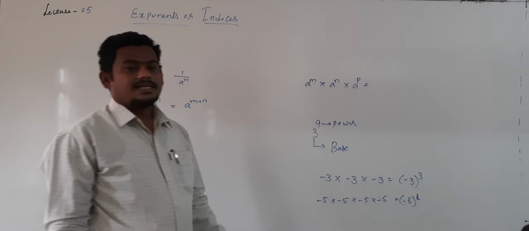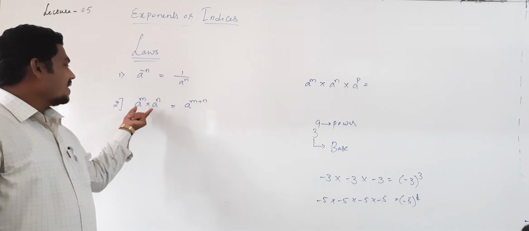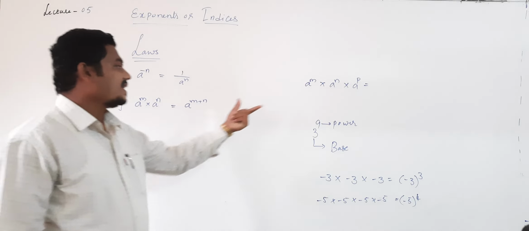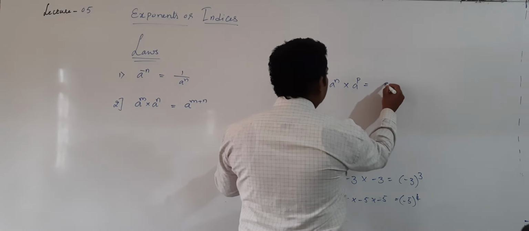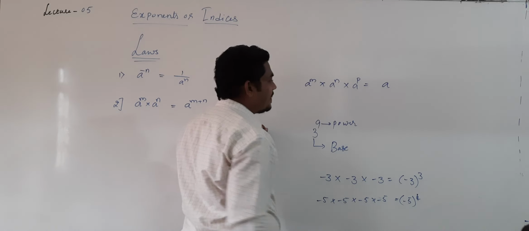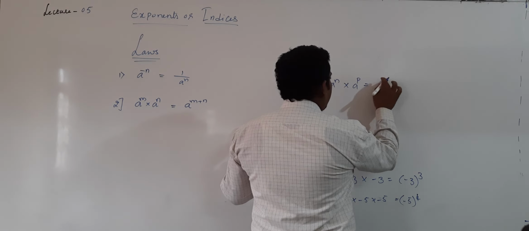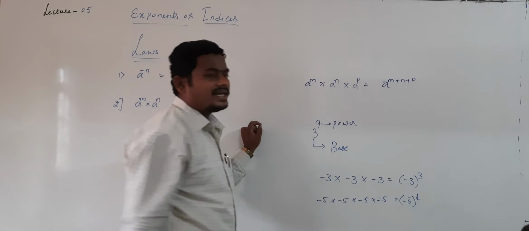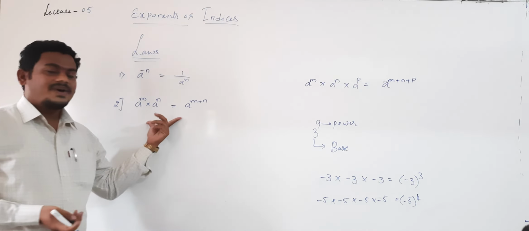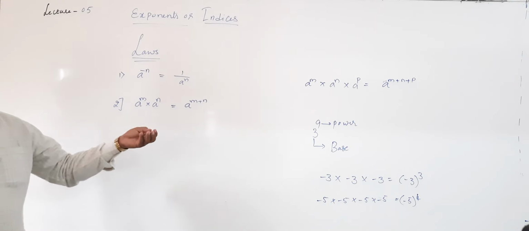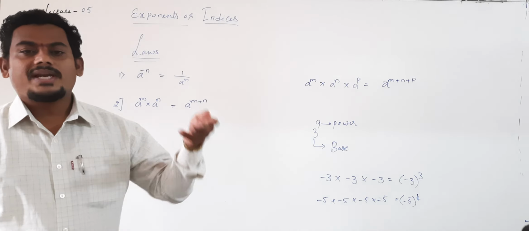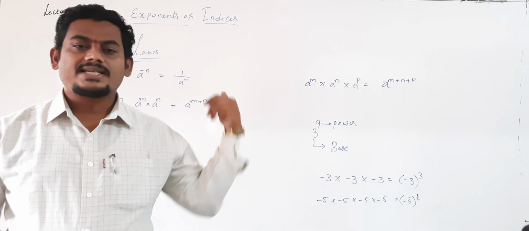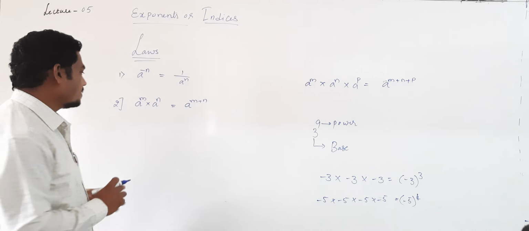Here we have two terms, so a power m plus n. Here we have three terms, and because bases are the same, it is a power m plus n plus p, and so on. We can extend this property for any number of terms.